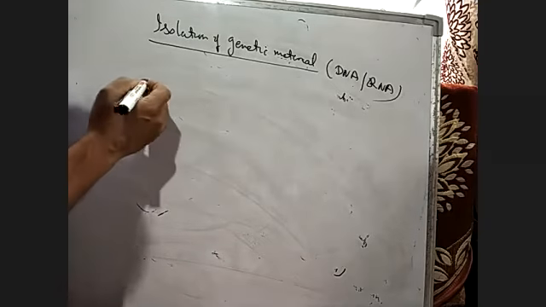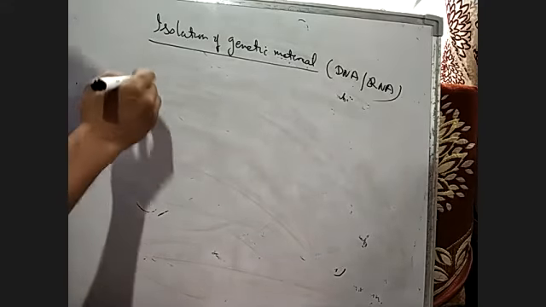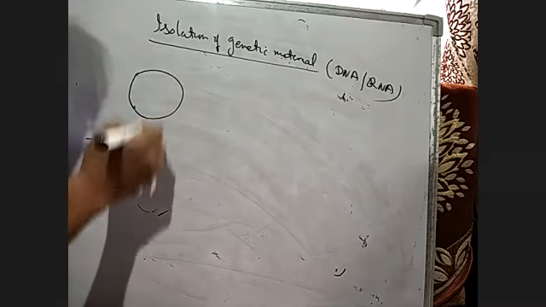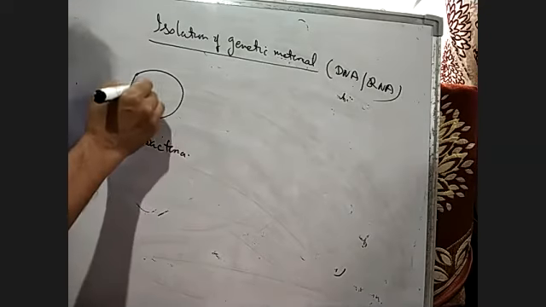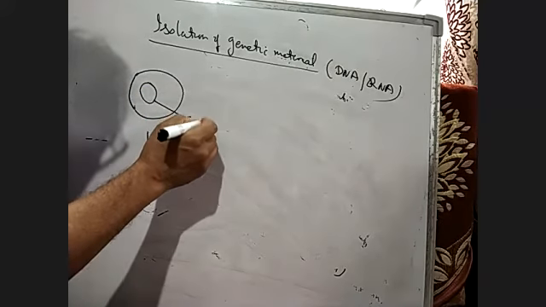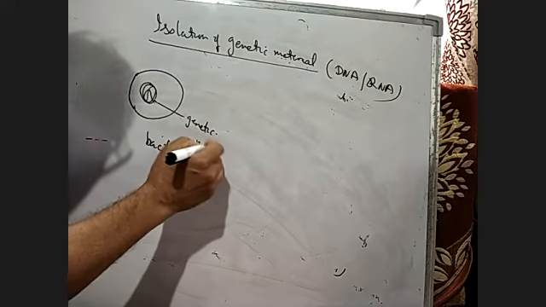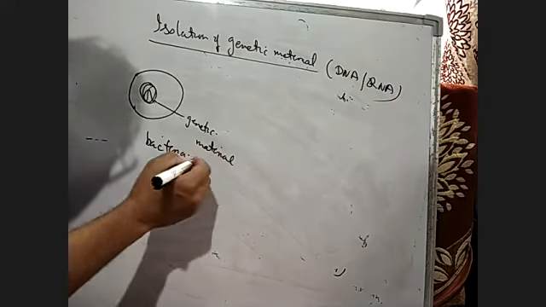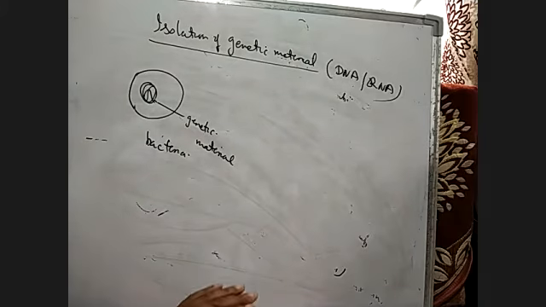If it is a bacterium, inside we have the genetic material. This genetic material can be taken outside of the bacterium by using the enzyme lysozyme.